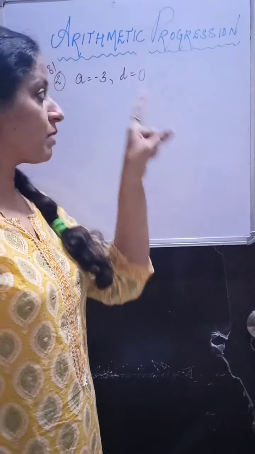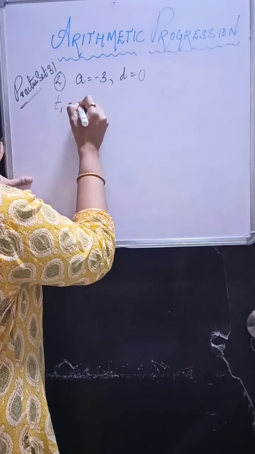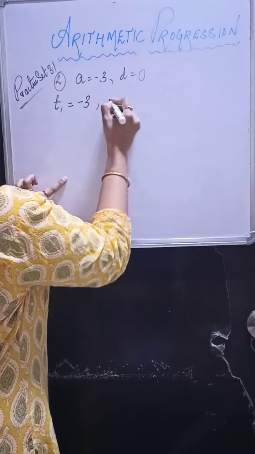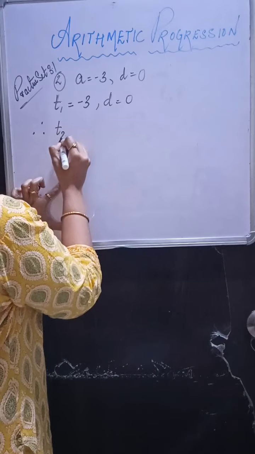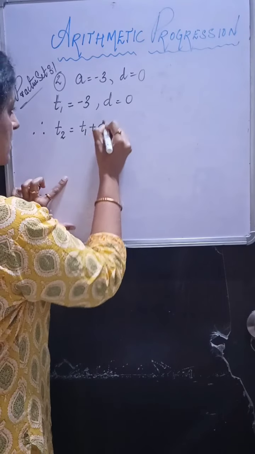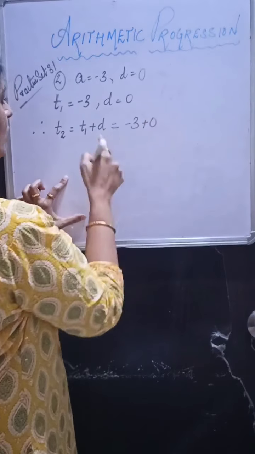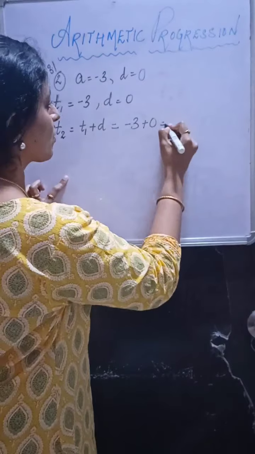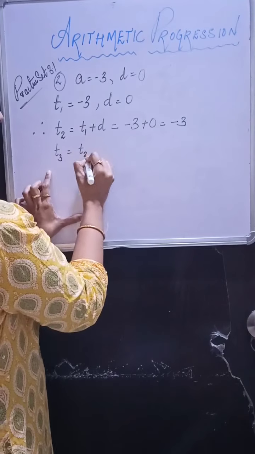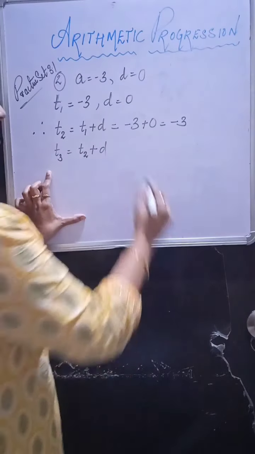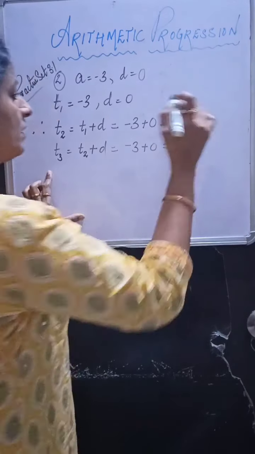A means first term is minus 3. Common difference is equal to 0. So we will write T1 is equal to minus 3, D equal to 0. Therefore, T2 is equal to T1 plus D, which is equal to minus 3 plus, what is D? 0. Minus 3 plus 0 is minus 3. T3 is equal to T2 plus common difference, which is equal to minus 3 plus 0, again minus 3.